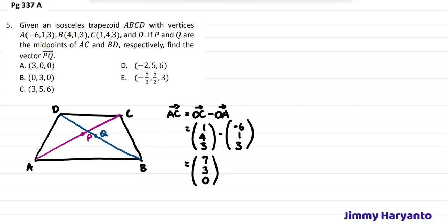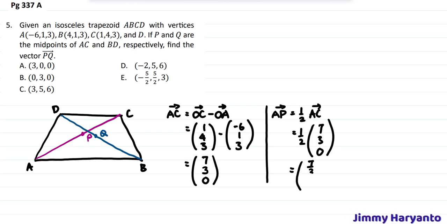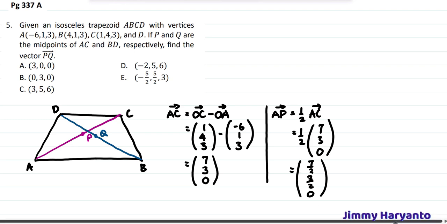Because we want to find P, we can find AP first. AP is half of AC, that means half times (7, 3, 0). So it will become (7/2, 3/2, 0). Okay, we have the vector of AP.